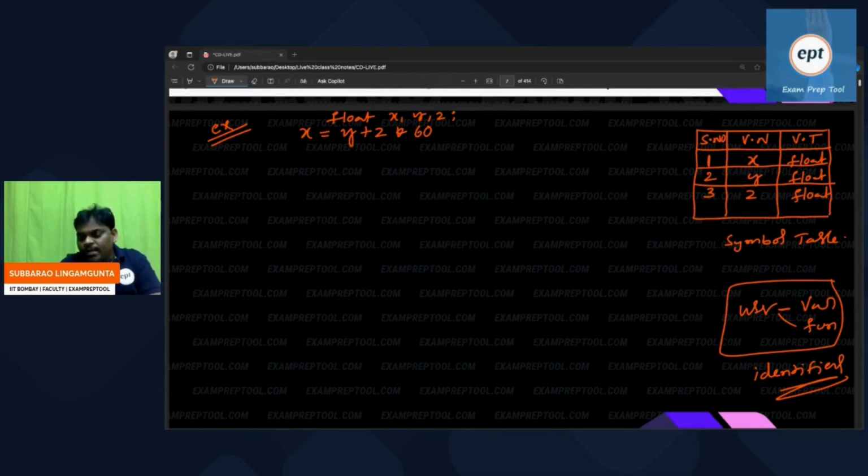One rule says that only these operators have to be used, another says only these keywords are allowed. But in terms of variable name and function name, you can select whatever you want.